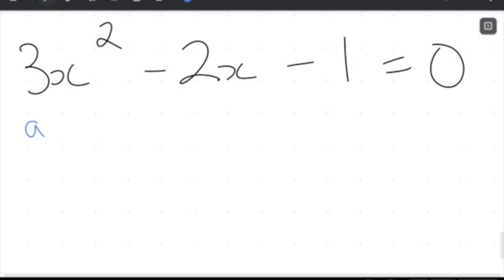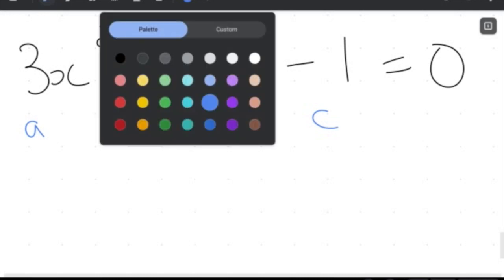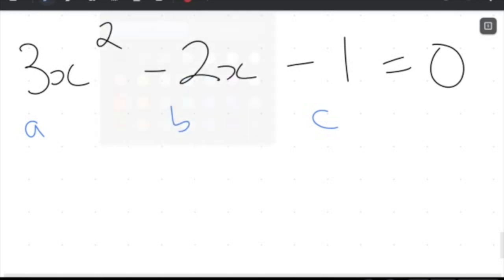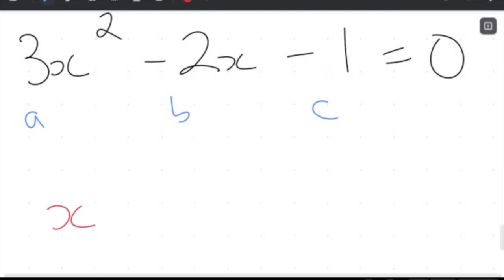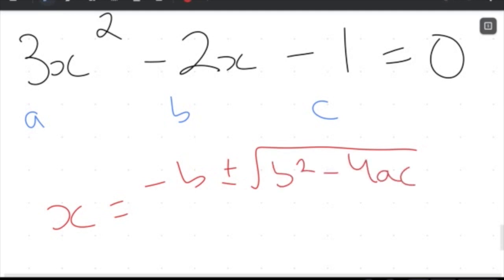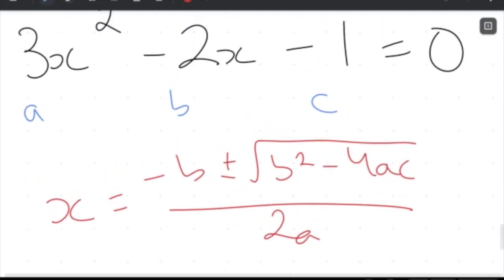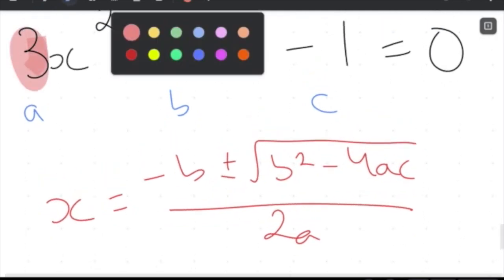Now, remember these coefficients are my terms a, b, and c, and I'm going to use my quadratic formula, which tells me the solution of x equals minus b plus or minus the square root of b squared minus 4ac all over 2a.